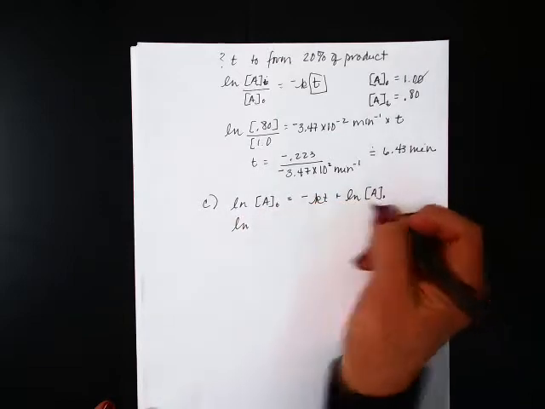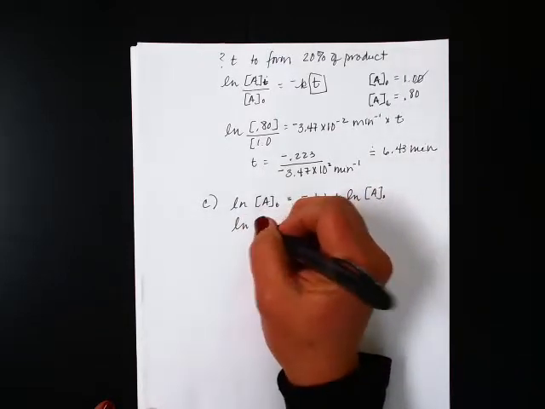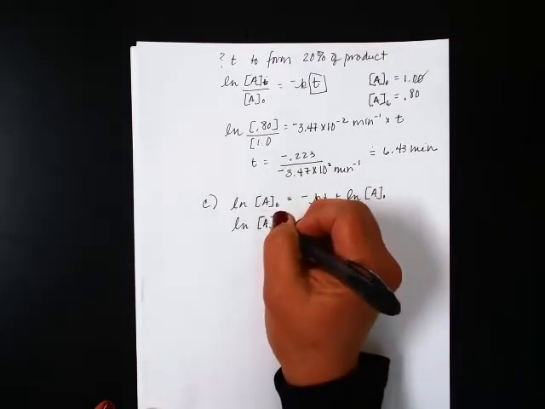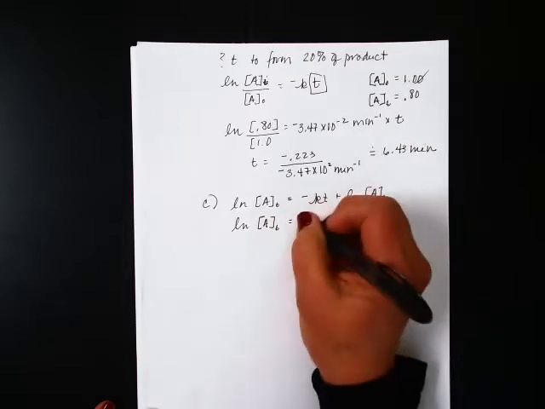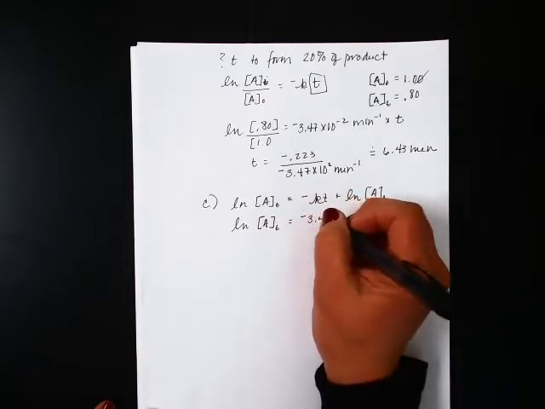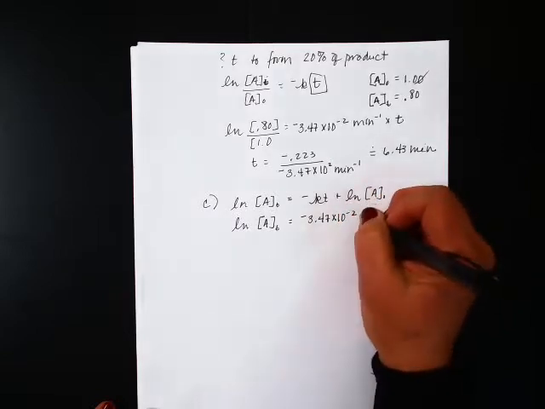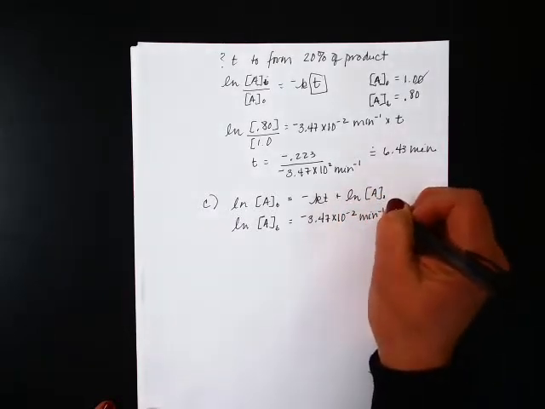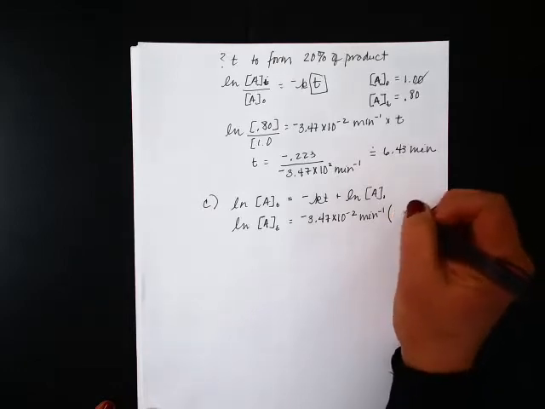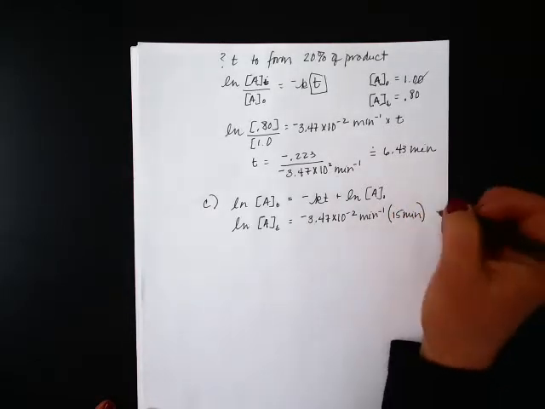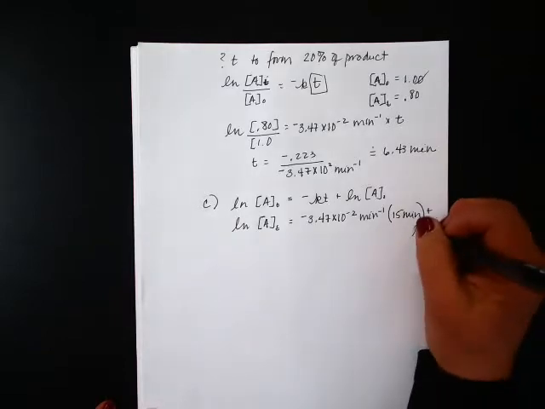So the ln of A at t is equal to negative 3.47 times 10 to the negative 2 min to the minus 1 times 15 minutes plus ln of 1, which is 0.